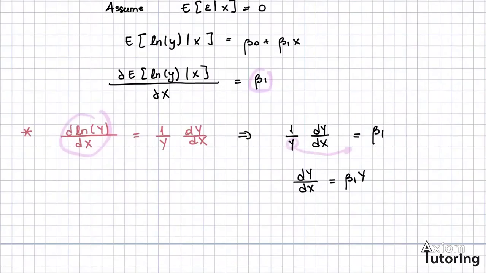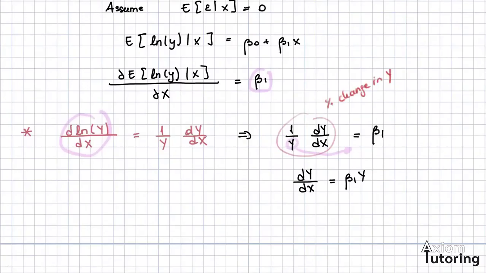Now, let's look into what exactly each of these sides is telling you. The left-hand side, especially this first part that we have in here, is exactly the percentage change in y.